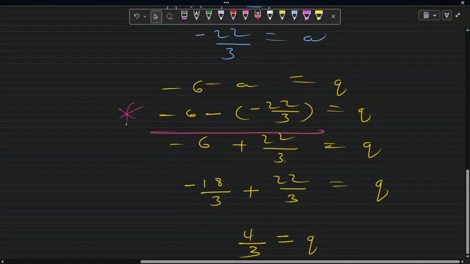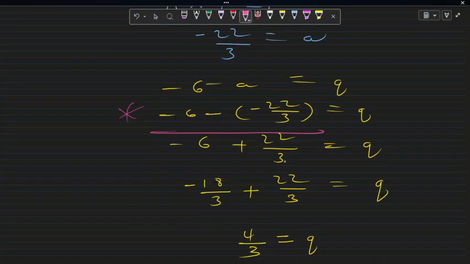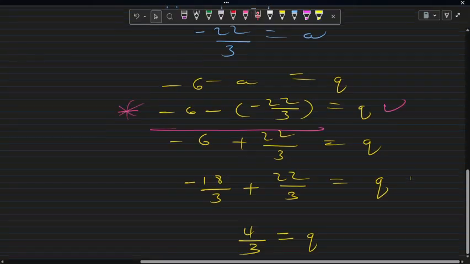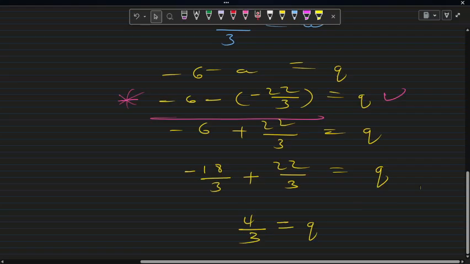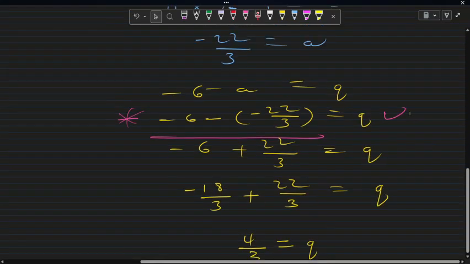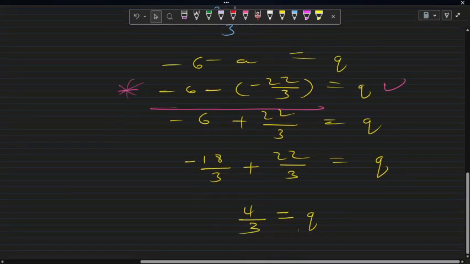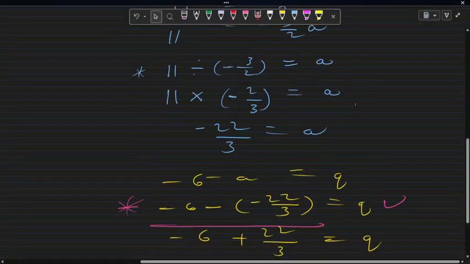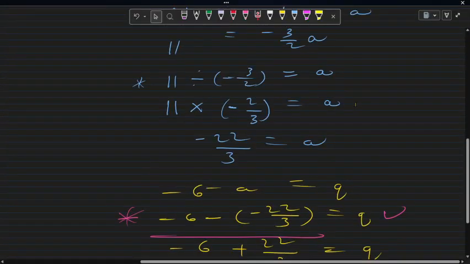Okay, so this is just my preference. But to prevent unnecessary errors as well, it is highly advisable for you to just use your calculators at this stage, especially under pressure situations like in tests or in exams. It is better for you to use your calculators. Okay, so the q value is positive 4 over 3.